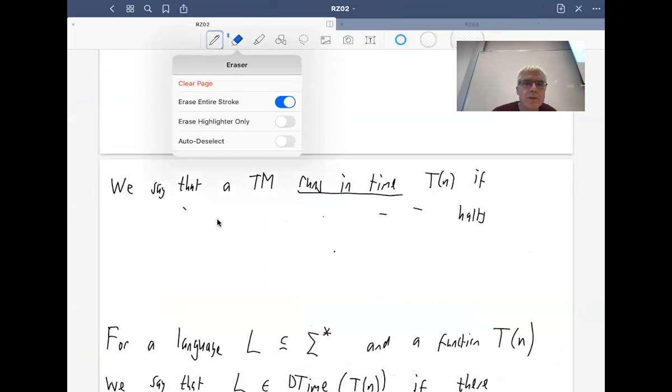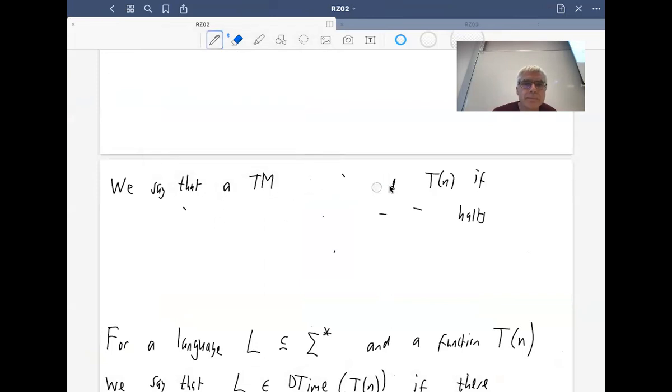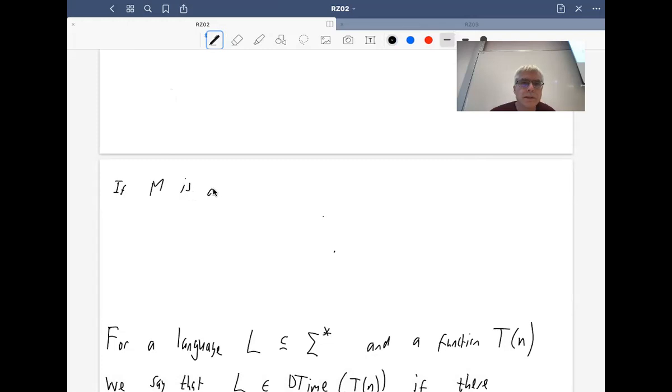So I think the more intuitive definition: if M is a Turing machine, we define the time function, which times the Turing machine.